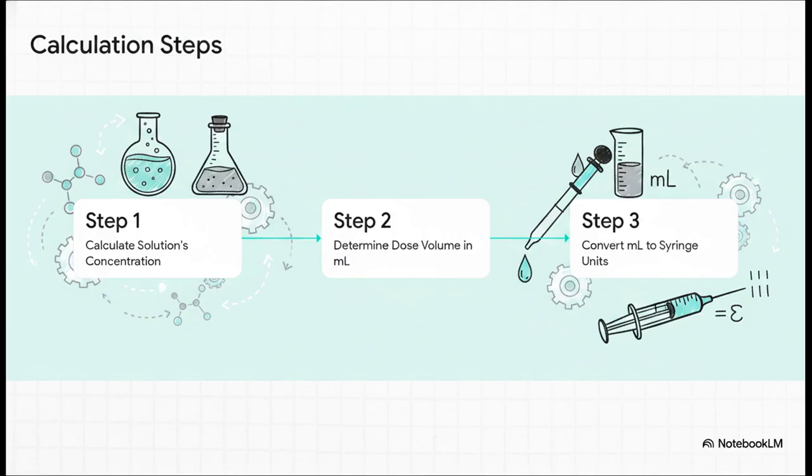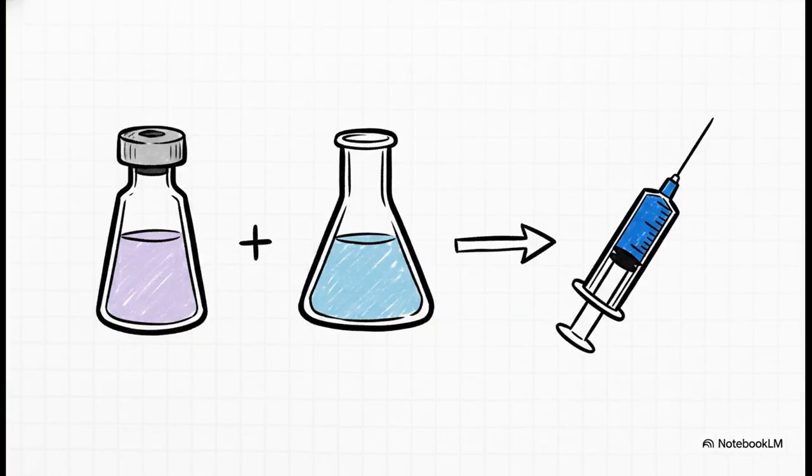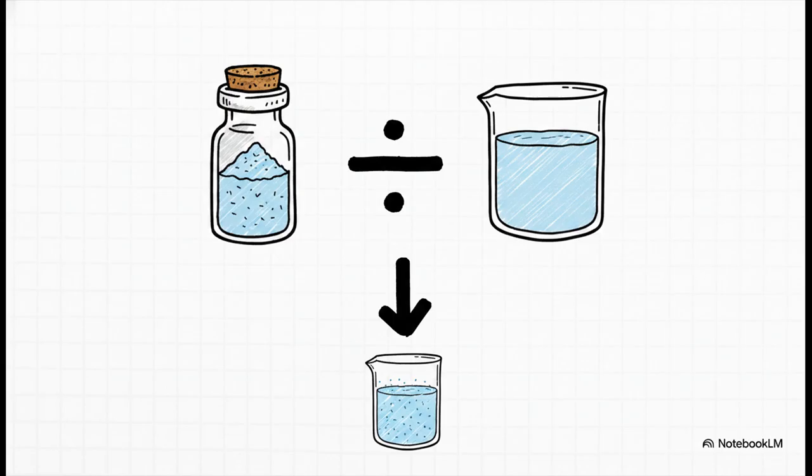And step 3, translate that amount into syringe units. Simple as that. To make this super practical, let's use a real-world example. Let's say you've got a vial with 5 milligrams of peptide. You're going to add 2 milliliters of water, and you want to pull a dose of 250 micrograms for your research.